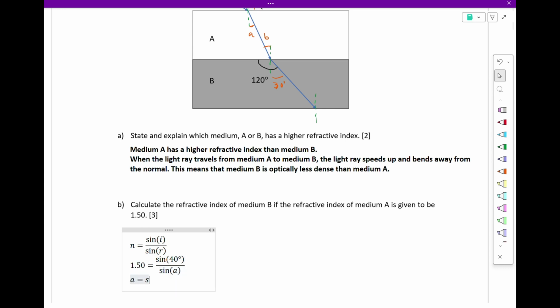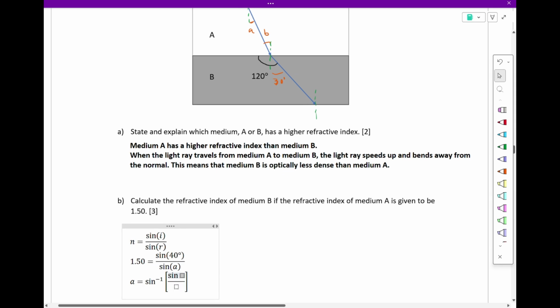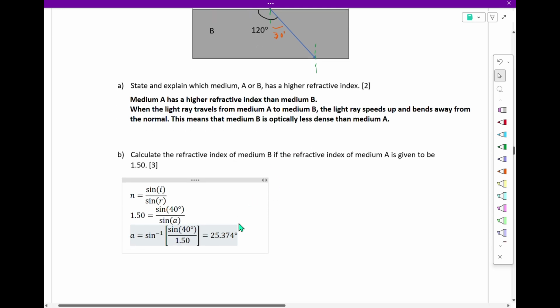So to solve for A itself, sine A is equal to sine 40 degrees, with the brackets, over 1.50, and we can directly solve. Press the calculator: sine 40 over 1.50, close the bracket, you end up with 25.374 degrees. Now we don't round this up at all because we are using this to solve for later parts.